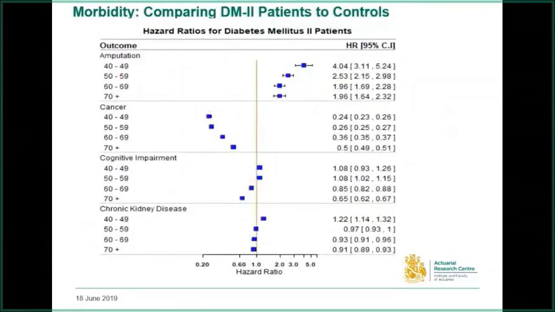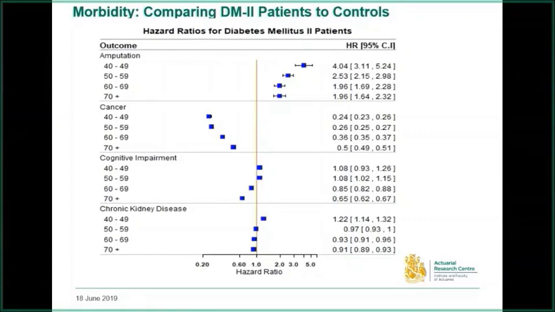If we look at the hazard ratios for the selected diseases, we can see that the earlier one is diagnosed with diabetes mellitus, the higher the risk of having an amputation compared to controls, and also of having a cognitive impairment and chronic kidney disease.